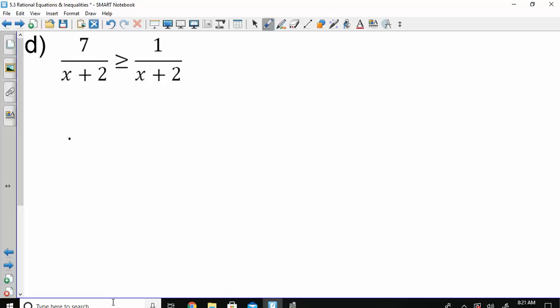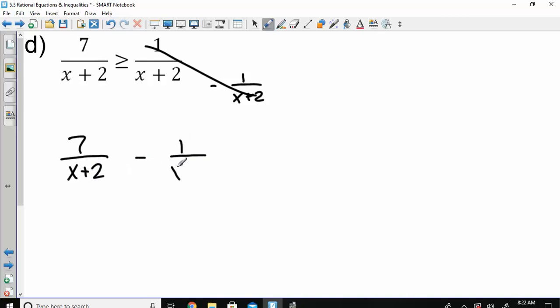So my first step is going to be to get both of these on the same side. Can I just subtract that entire fraction over? So we would have 7 over x plus 2 minus 1 over x plus 2 greater than or equal to 0.